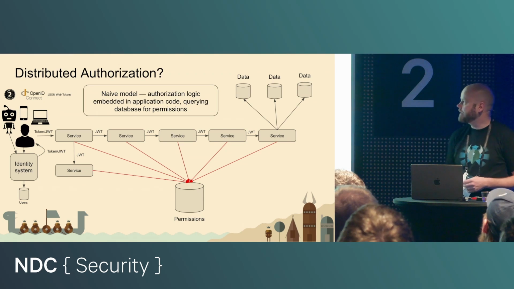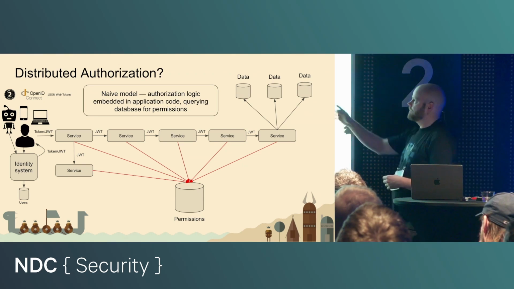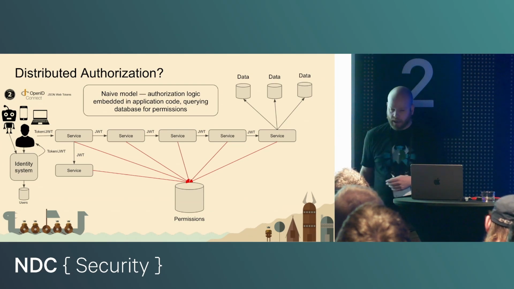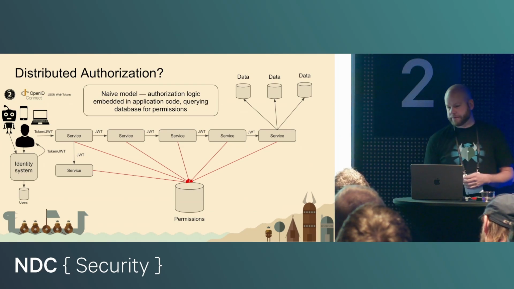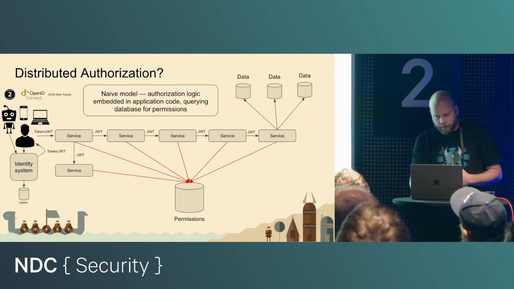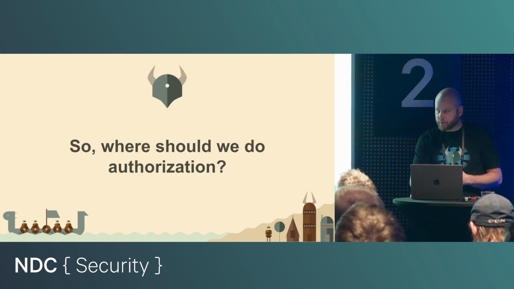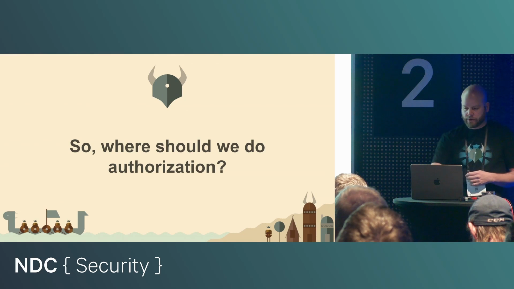And we have another few problems here. All our authorization logic is embedded in these applications. It's a problem we will deal with in a minute. But first, how do we solve these kind of red arrows? And where should we do authorization?